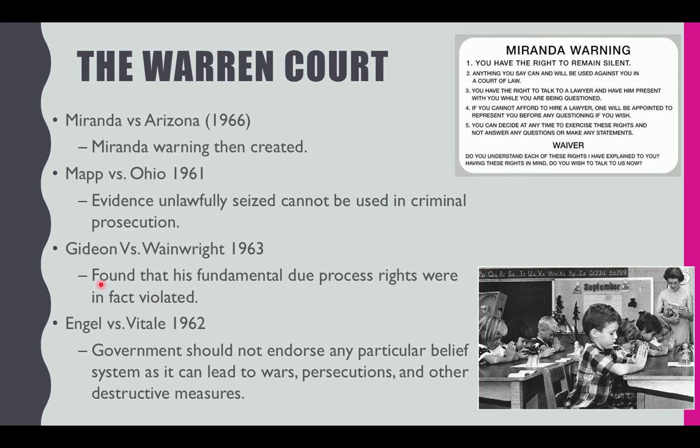This case is going to find that it's a fundamental right of the people to have an attorney present to protect them in the court of law. And ultimately, Gideon is going to be let free because his due process rights were violated.